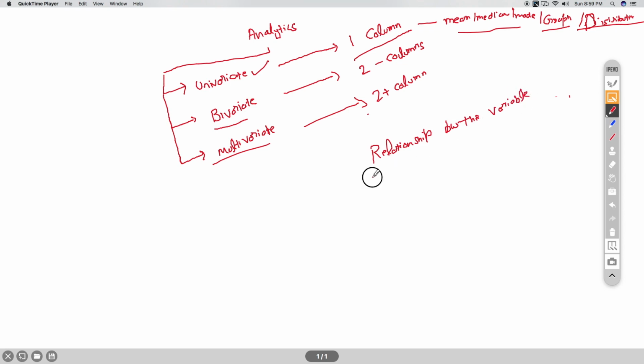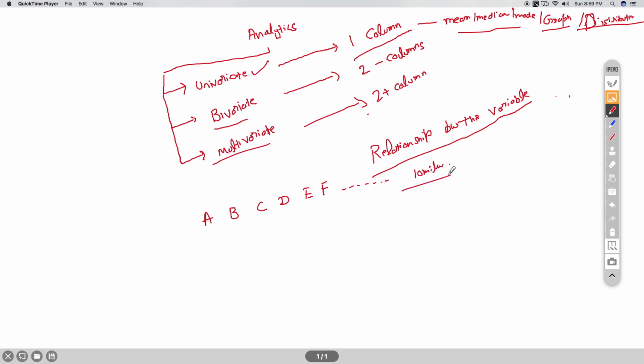Now, when there is a relationship between the variables, I want you to understand a couple of things. For example, say I'm just keeping the variable names as A, B, C, D, E, and F. There could be n number of variables, up to some numbers like 1 million or 10 million.